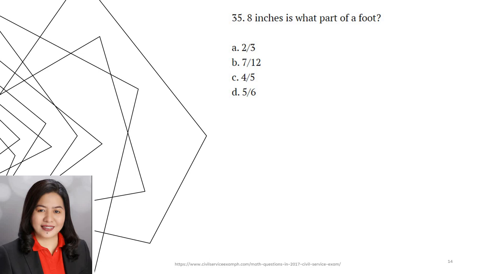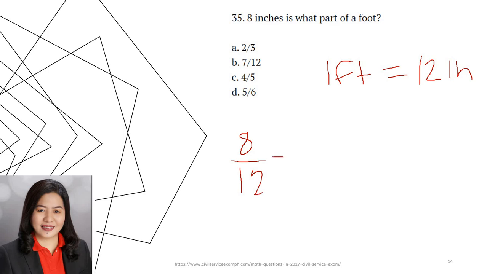This is our last number. 8 inches is what part of a foot? 1 foot is 12 inches. So we have to make sure that we are using the same unit of measure. So 8 out of 12. We can actually do the prime factorization.